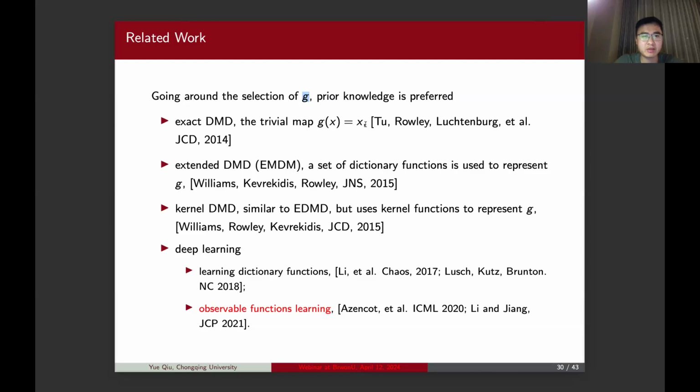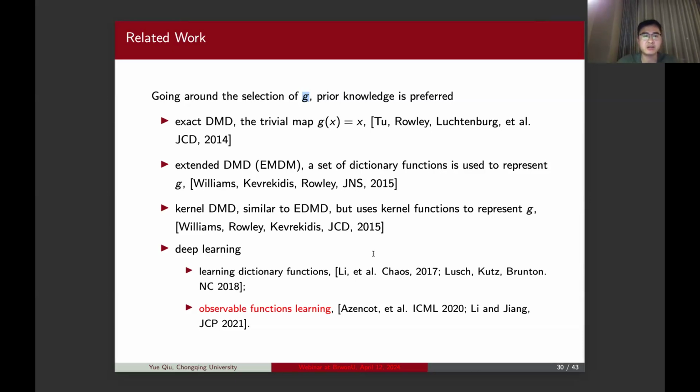Later came the extended dynamic mode decomposition, the extended DMD, which predefines a set of basis functions or dictionary functions for this setting, and then uses some learning methodologies to learn the coefficients. And similar techniques include the kernel DMD.